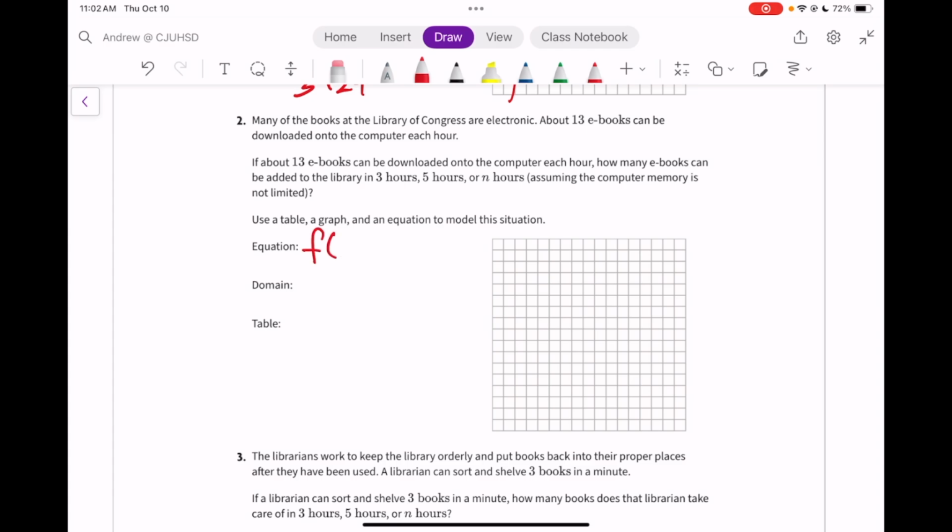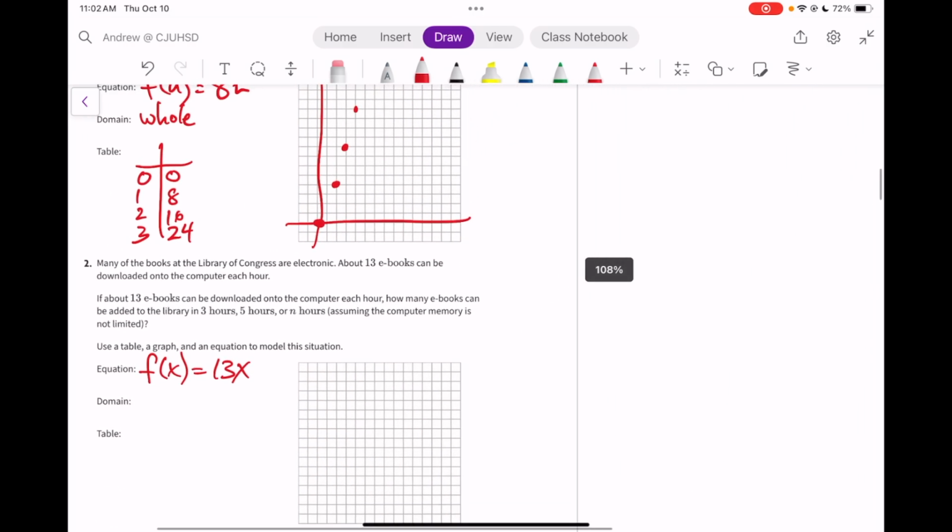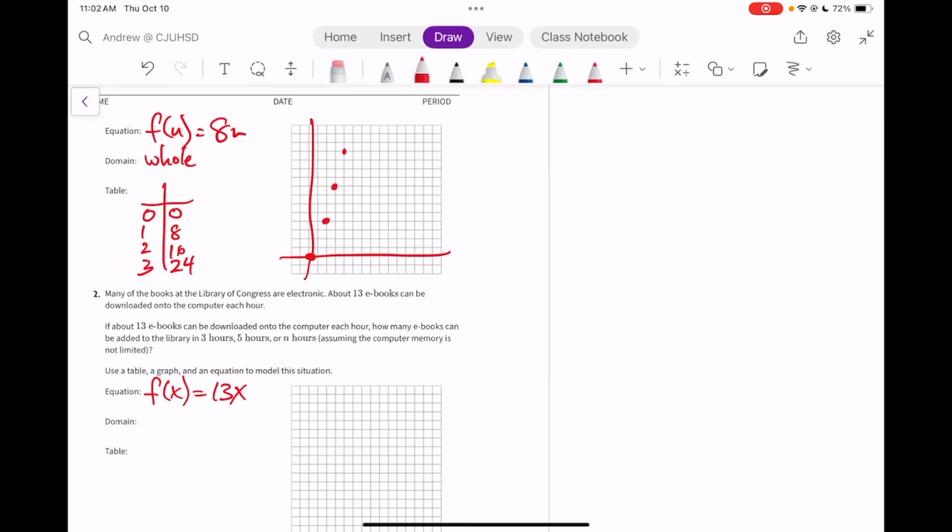I'm going to use X instead of N. You're going to find as you go throughout mathematics that usually N, this is a key hint here, N is usually used for discrete situations where it doesn't make sense to look at the in-betweens. X is going to be used for continuous situations. At least this is my experience.